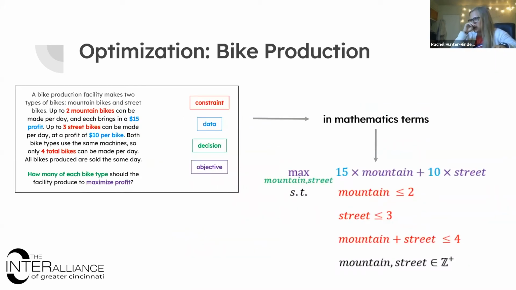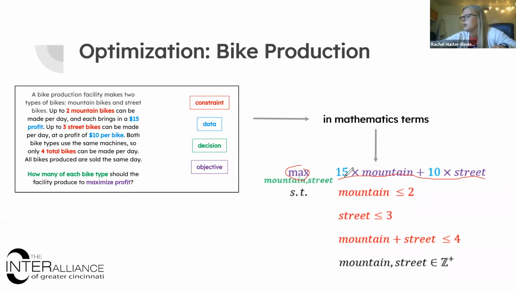So what we're going to do is write this in math terms, and hopefully the color coding can help you make the connections here. So we are maximizing profit. As I said before, what we're trying to do is define our system in terms of math so that we can do calculus. So this is how we're going to define profit.